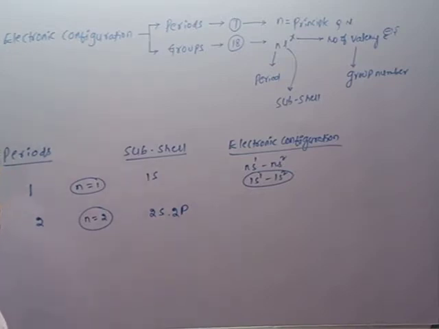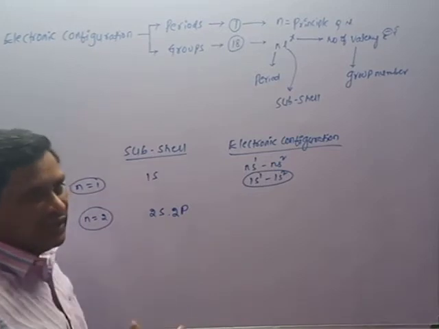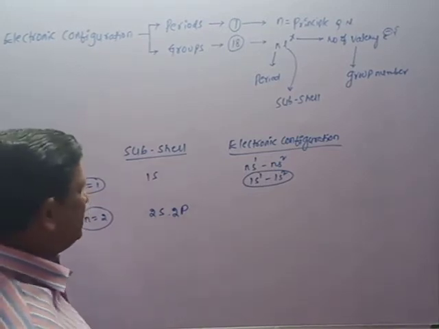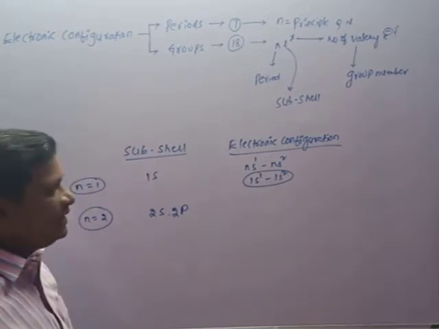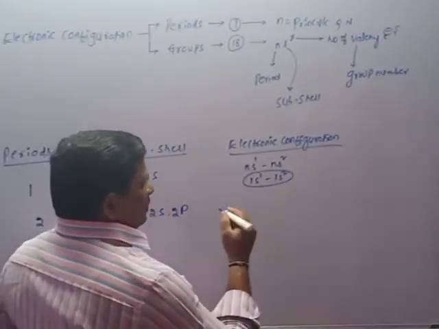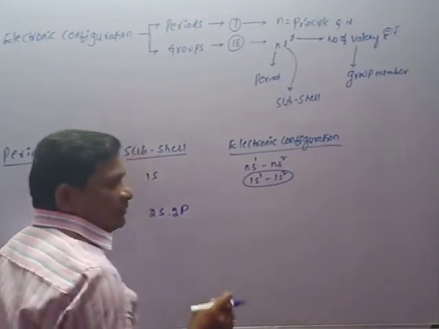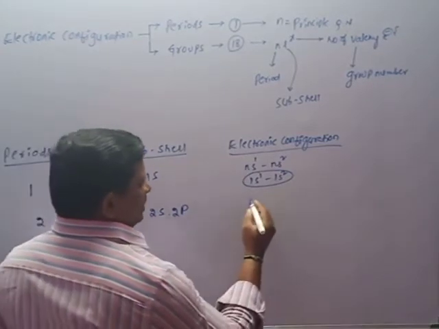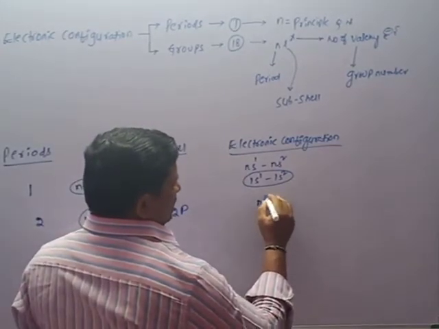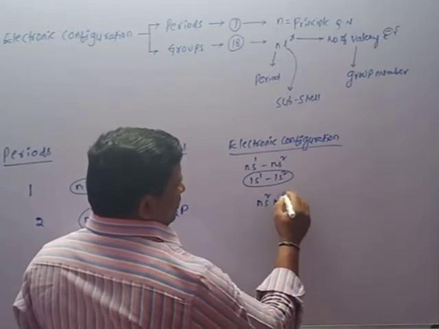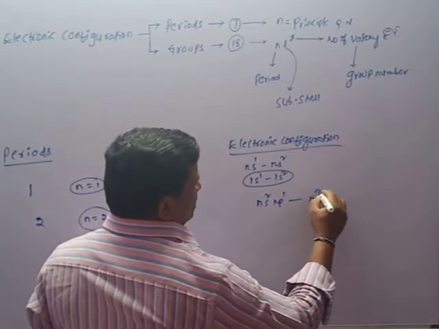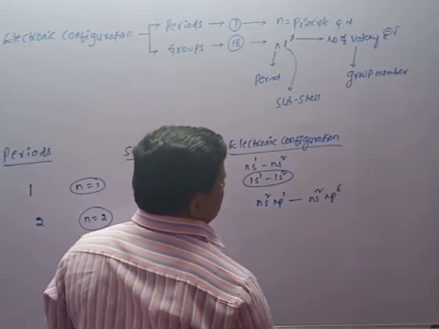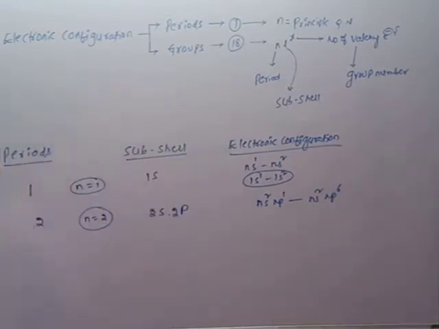So 2s and 2p, 2 plus 6 equals 8 electrons, so the second period consists of 8 elements. These are the elements from lithium to neon, ns1 to ns2 np6. These are the second period elements.